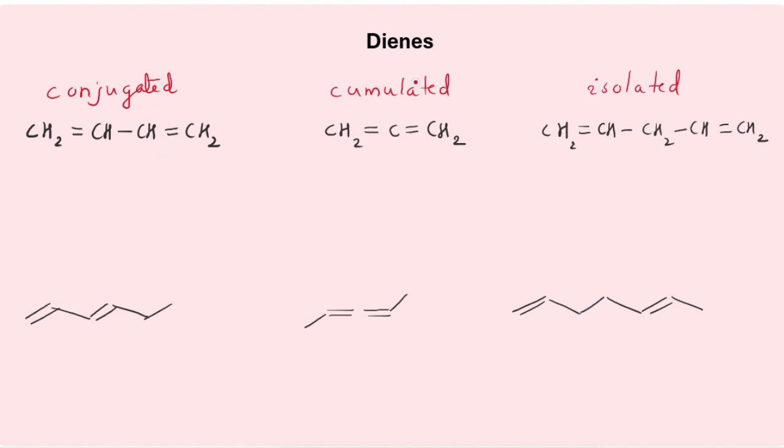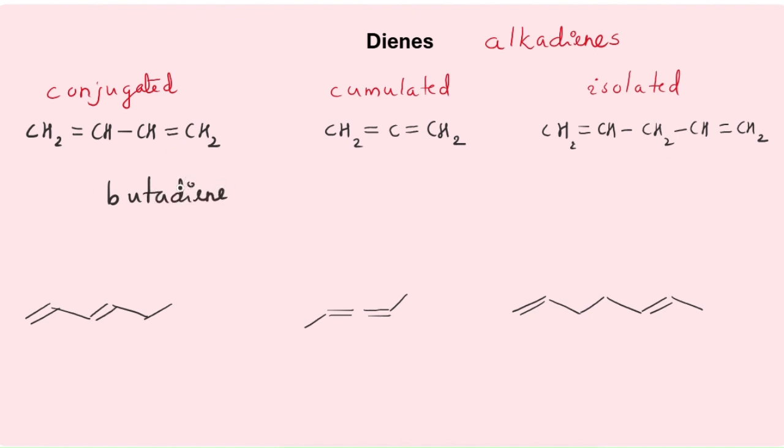Now, how to name these diene molecules? In general, they are named as alkadiene molecules. So, all of them put together, you can call them alkadienes. If there are 4 carbons, say 1, 2, 3, 4 in this molecule, then it's a butadiene.